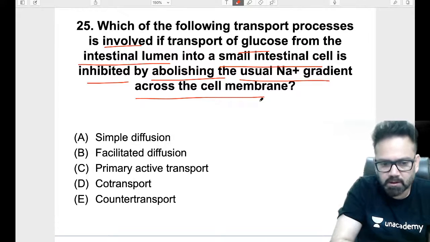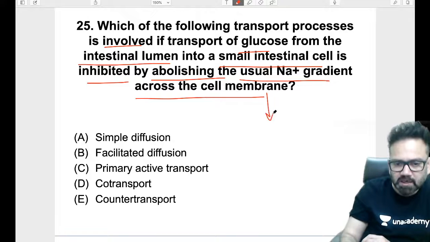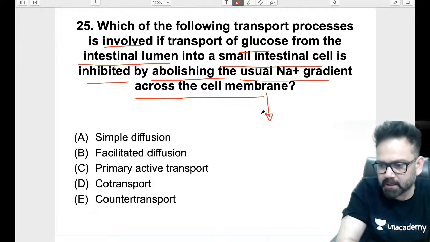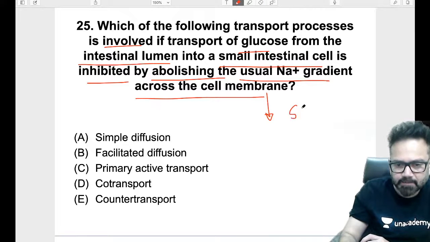Which type of transporter? What is the name of that carrier protein? Yes, it is talking about SGLT.